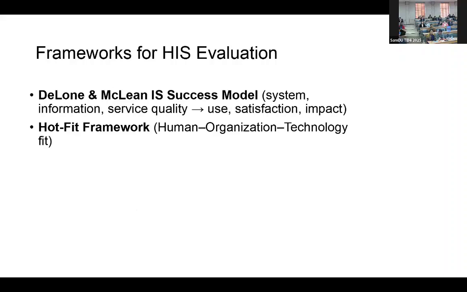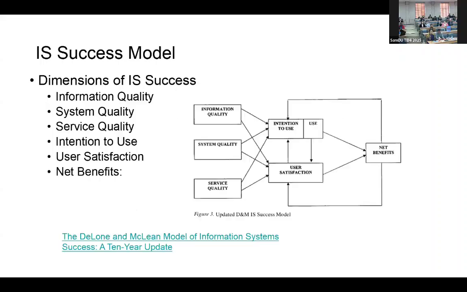There are two frameworks that we can use, among many others: the IS success model and the HEARTBEAT framework.